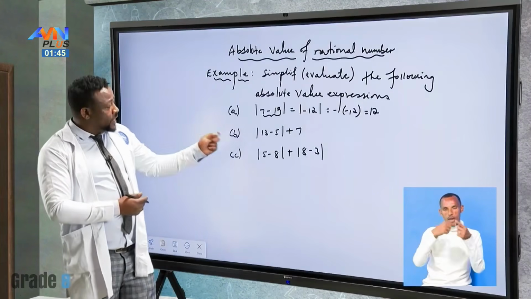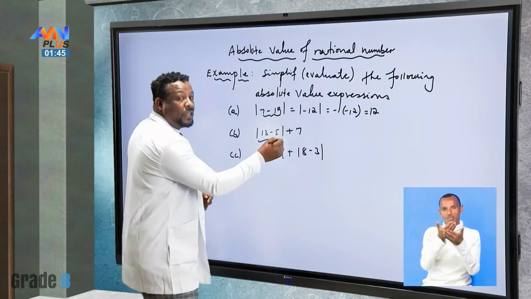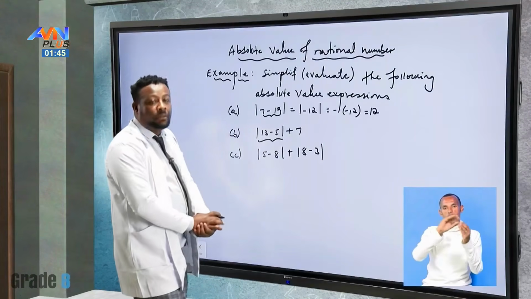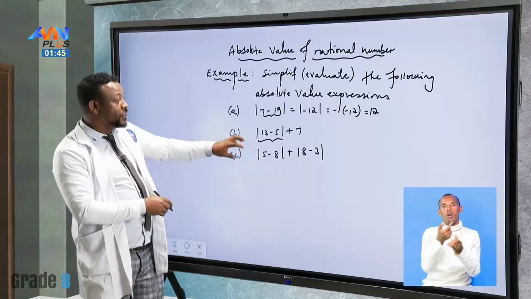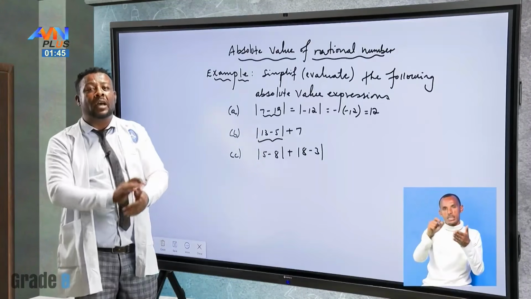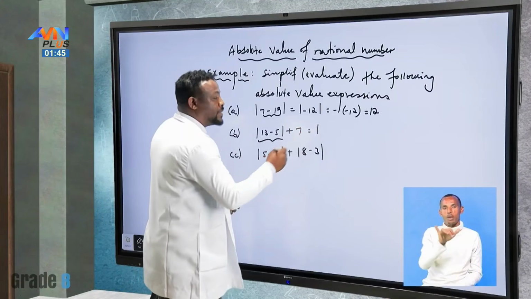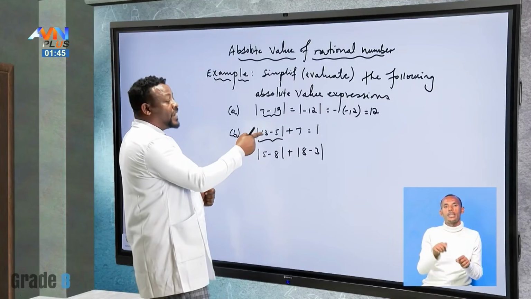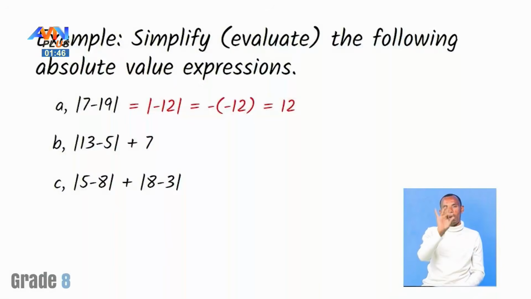When we come to the second case, we have the absolute value of something plus a positive number 7, right? So the first thing that you need to do is evaluate the expression written separately in the absolute value. So this is the same as the absolute value of 13 minus 5. 13 minus 5 is 8.